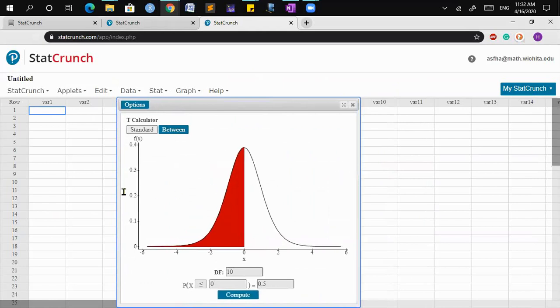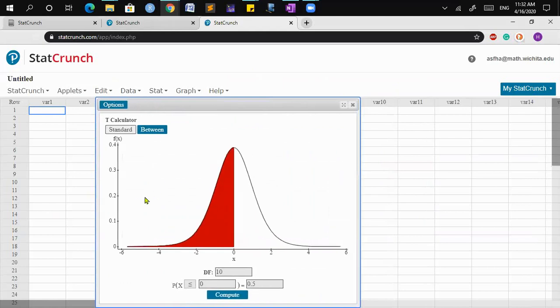Yes, you can use StatCrunch. You don't have to worry about that, because you will be in front of your laptop. You can use StatCrunch anytime. But it's good to know even the table. It's up to you, of course, but it's good to know both of them.